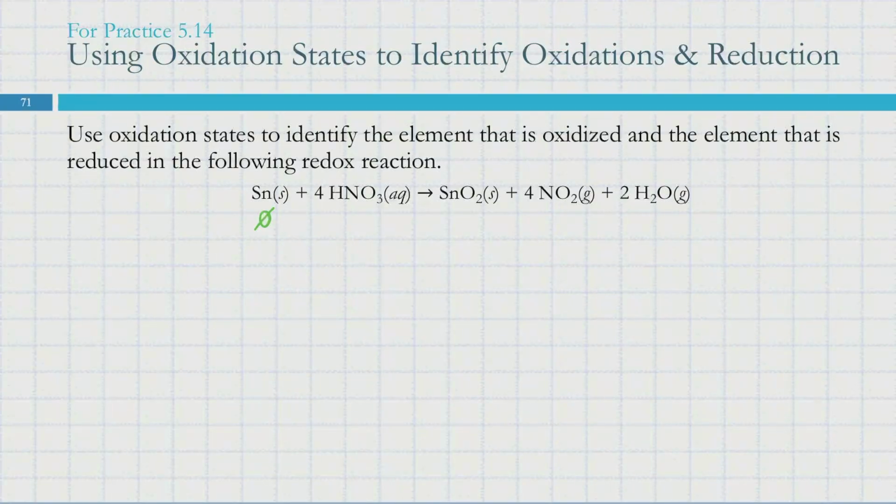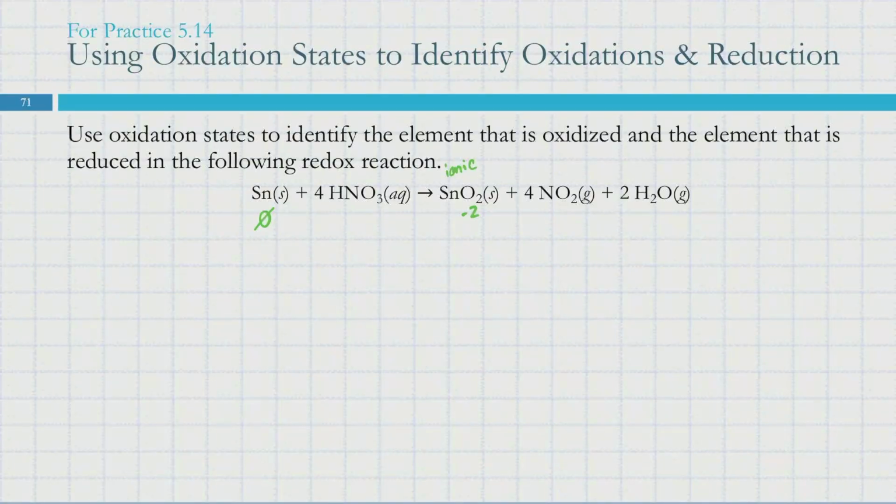The next thing that we might want to assign a value to is our SnO4. SnO4 is ionic, so we can just assign oxidation states based on what the charges are. So we've got oxygen. Oxygen's going to get a -2 because it's going to have a 2 negative charge.